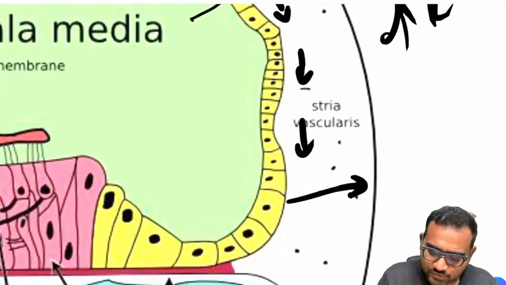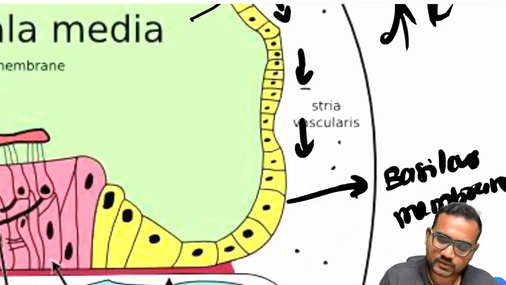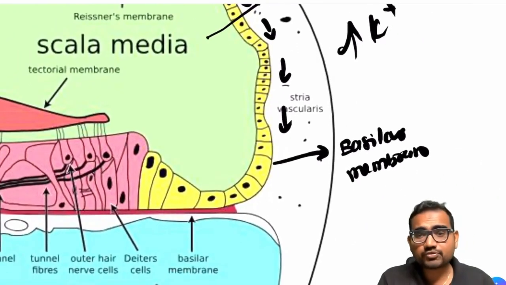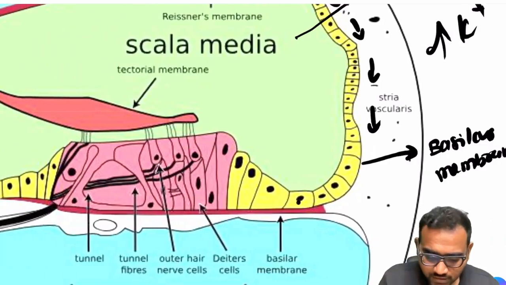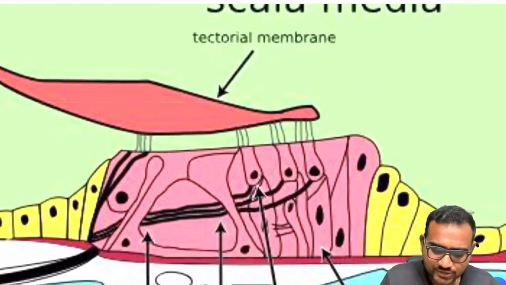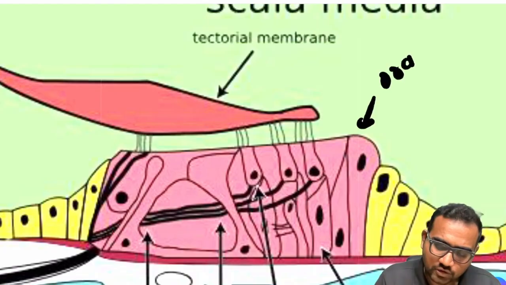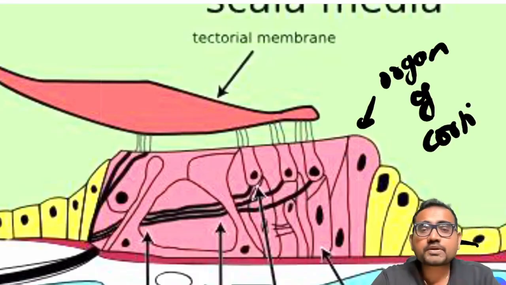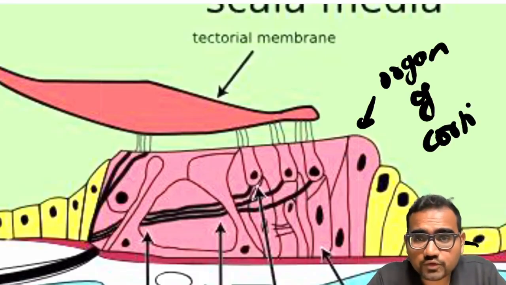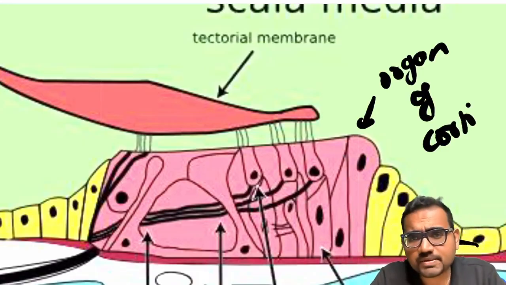The yellow structure you see here is the basilar membrane. It receives the fluid waves and the vibrations go down, and the pink portion is called the organ of Corti. So the vibrations reach the organ of Corti via the basilar membrane.